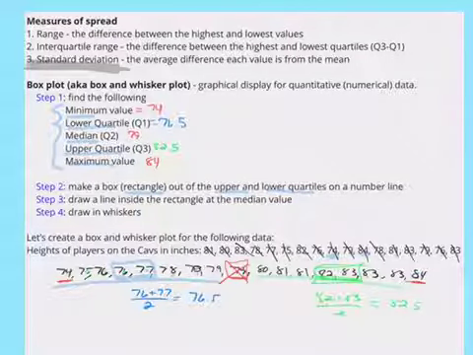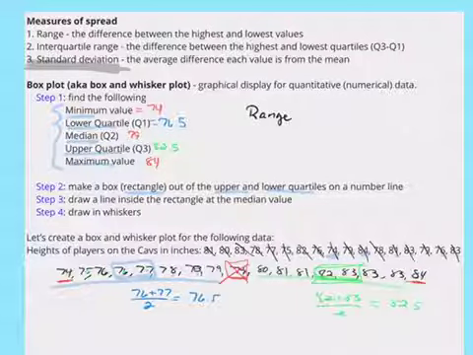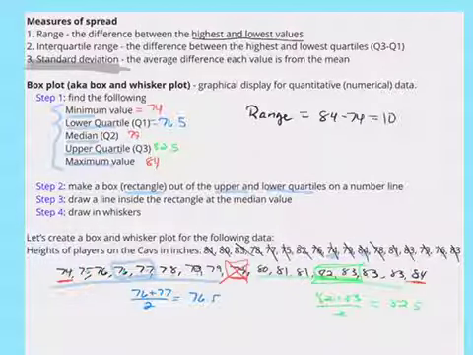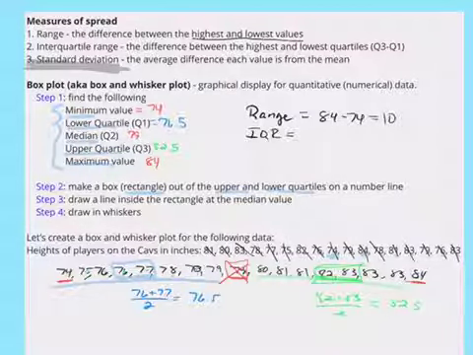From my 5-number summary, I can pick out some important information, like I know that my range of values, because range is the difference between highest and lowest, is going to be 84 minus 74, which is 10. So my range is 10. My interquartile range, which we call the IQR, is going to be the difference between Q3 and Q1.